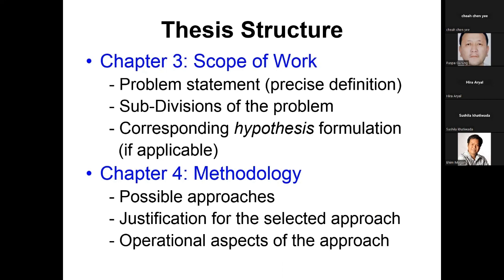It comes related with the solutions of the research problems, and then what type of research methodology you are going to discuss, possible approaches, justification of the selected approach, and operational aspect of the approach. Generally, whichever research methodology you are going to apply in your thesis, you have to make a justification of that.